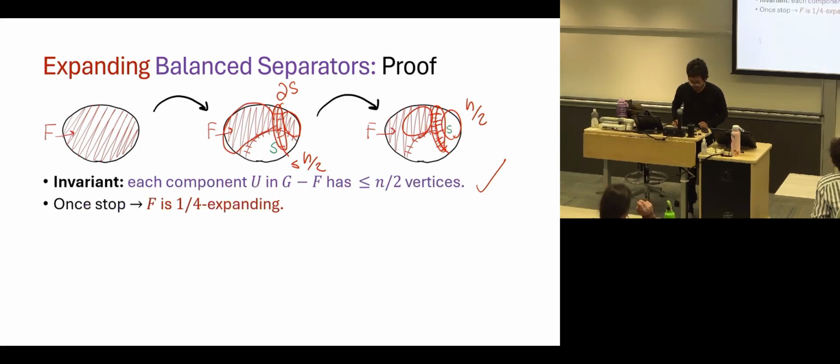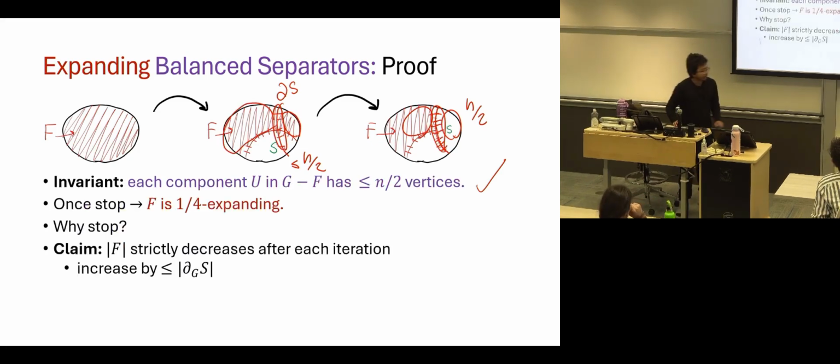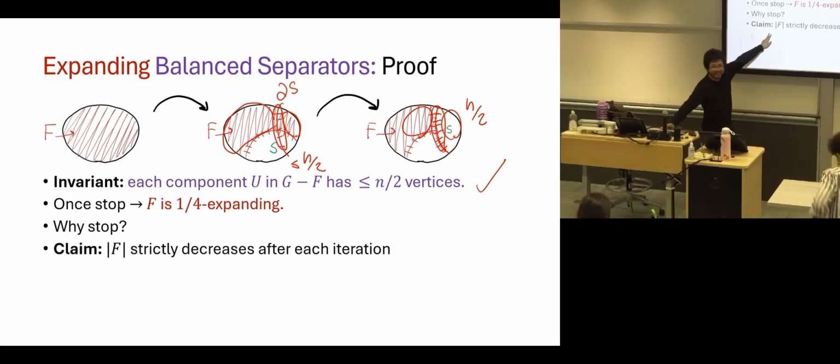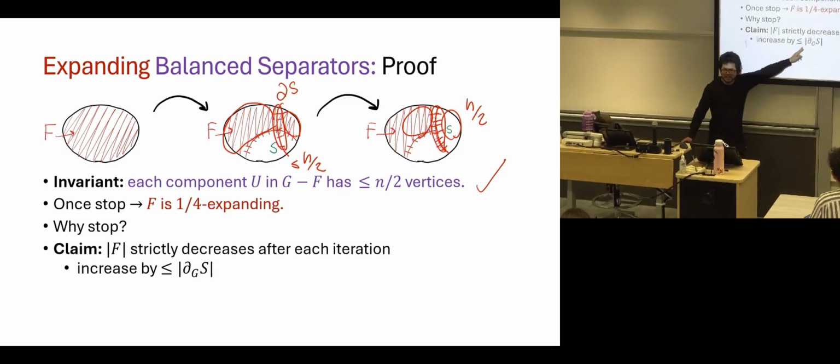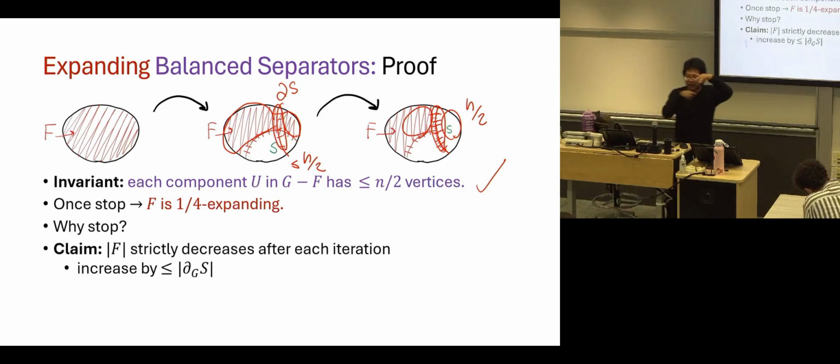So let's see. When I find a cut, I add something to F, which is the boundary of the sparse cut. I add something, but how much do I remove?